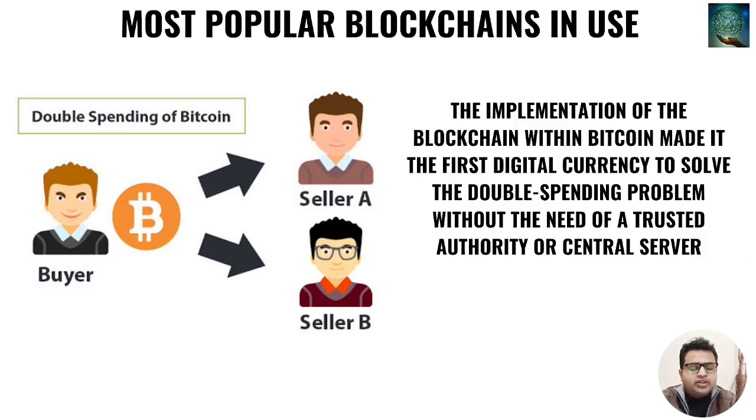The implementation of blockchain within Bitcoin made it the first digital currency to solve the double spending problem, and that too without the need of a trusted authority or central server. In today's scenario, we get rid of the double spending problem via a central authority.